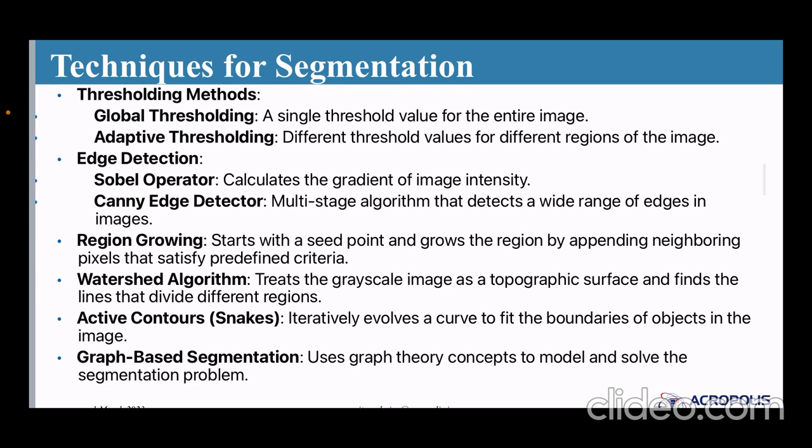Active contours or snakes iteratively evolve a curve to fit the boundary of objects in the image. Graph based segmentation uses graph theory concepts to model and solve the segmentation problem.